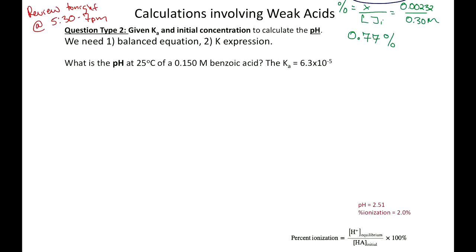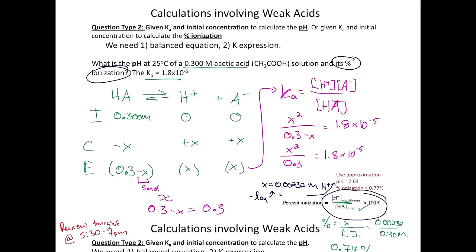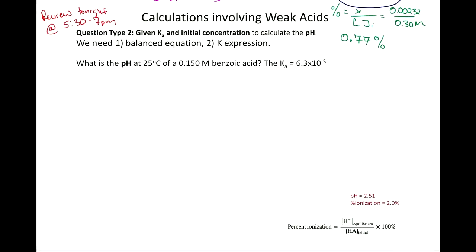Okay. So let's jump back into this and talk about acids. We did an example just like this one on Thursday. We calculated the pH of a weak acid, acetic acid. So let's do it again, but this time for benzoic acid. The difference here is that benzoic acid and acetic acid are weak acids, so we have a Ka expression we have to use.